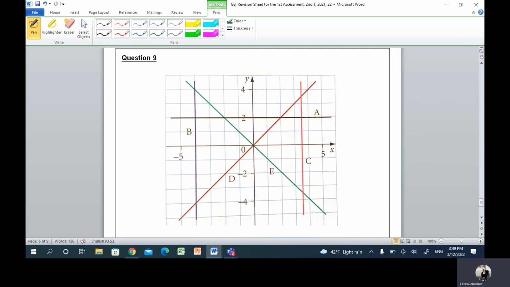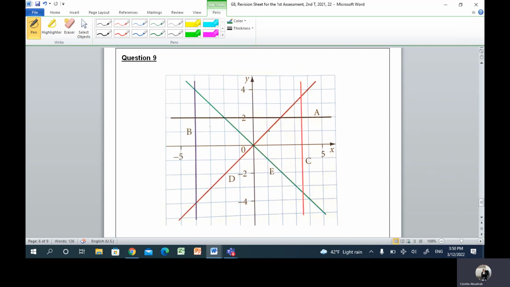So when you see here, you have line A, which is parallel to the x-axis, and line B, which is parallel to the y-axis, line C, which is parallel to the y-axis as well, and then you have line D, which has a slope or a gradient, and line E, which also has a slope or a gradient.